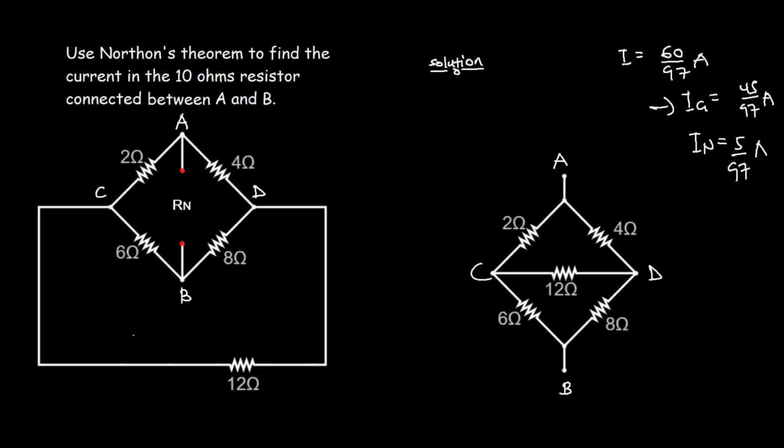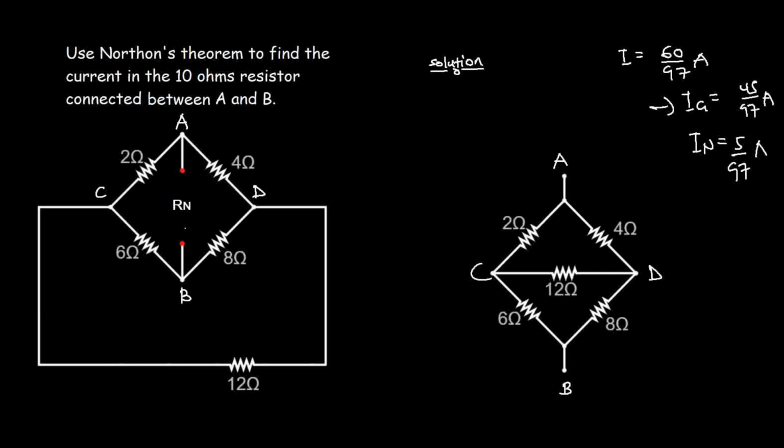So you see that the 10-volt source is no more here, and you have an open circuit here because this is where Norton's current was. So that's considered as a current source, so you have to open circuit it. Then calculate the total resistance, which is Norton's resistance.